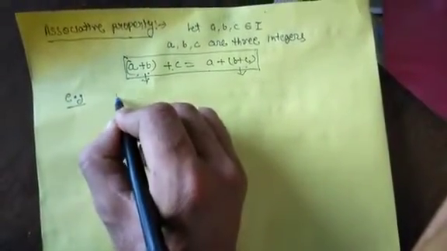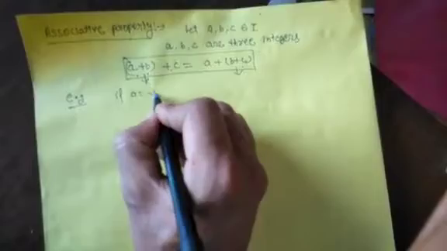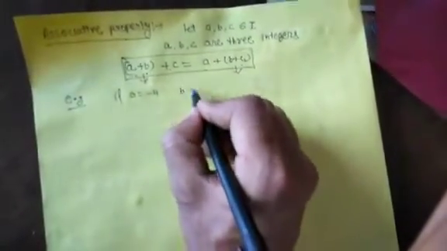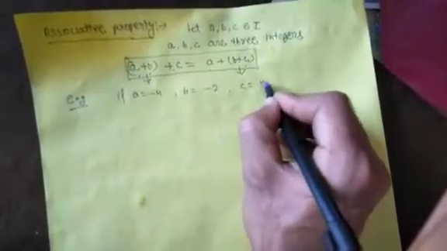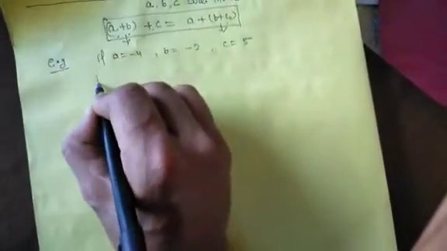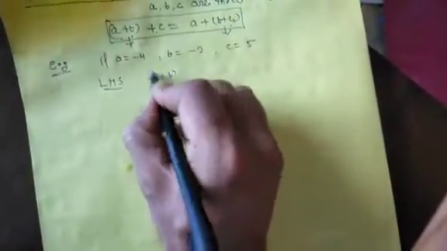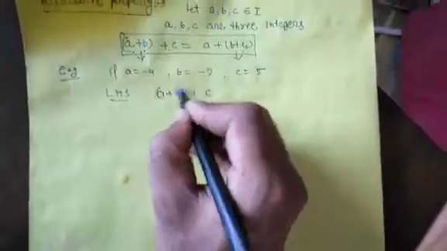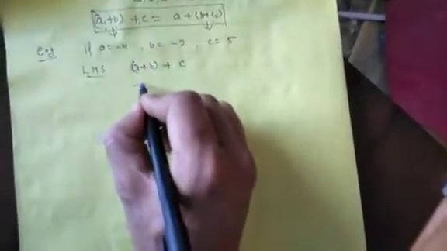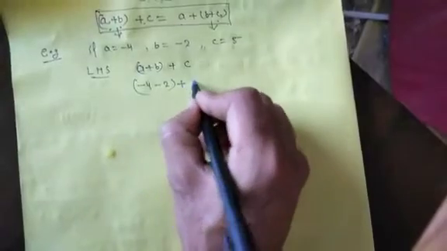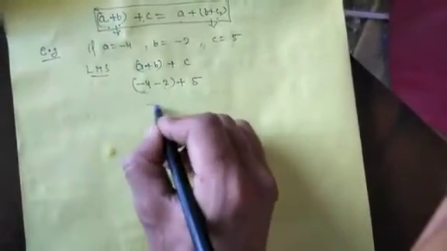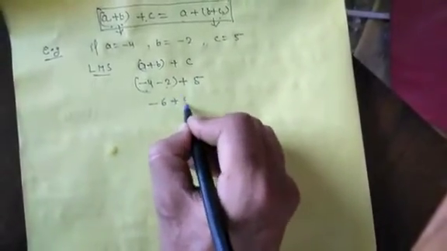We can illustrate it with an example. If the value of a is -4, value of b is -2, and value of c is 5, then to verify this property, I'm going to take the left hand side, that is (a plus b) plus c. The value of a we substitute here, the value of b here as well, and the value of c will be 5. -4 minus 2 will give you -6, and 5.